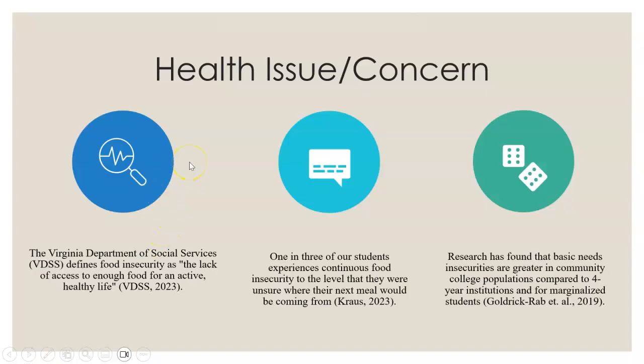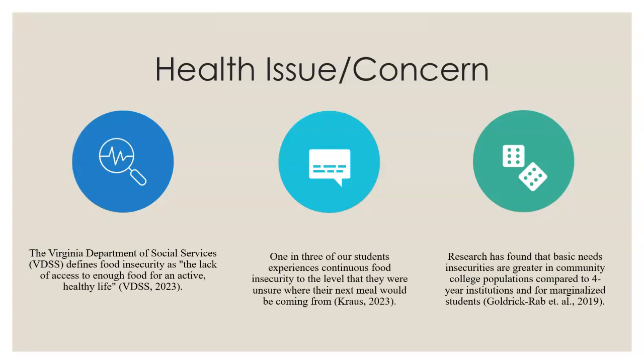The main health issue of concern with this particular assessment would be to better assess and understand the level of food insecurity in our students. There's some recent research that's come out from the Virginia Community College system that reports 1 in 3 of our students stated that they did experience a pretty severe level of food insecurity. The Virginia Department of Social Services defines food insecurity as a lack of access to enough food for a healthy lifestyle.